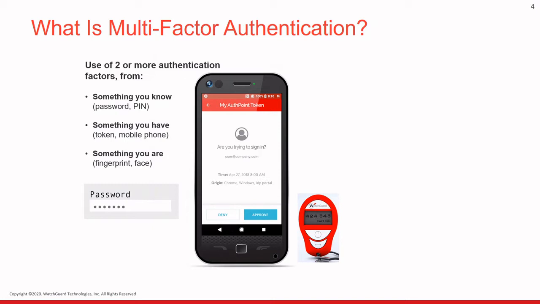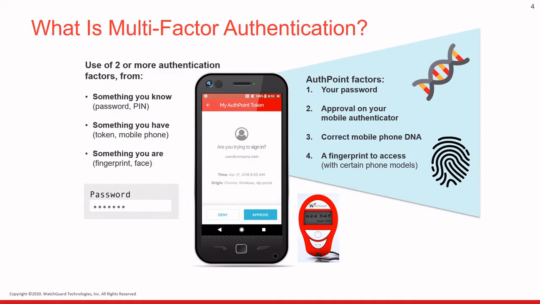So when we talk about the AuthPoint factors that are being used, definitely there is the password. This password can be in different locations: on your firewall, on your RADIUS server, LDAP, or Active Directory. The approval on the mobile authenticator is another factor that is available.